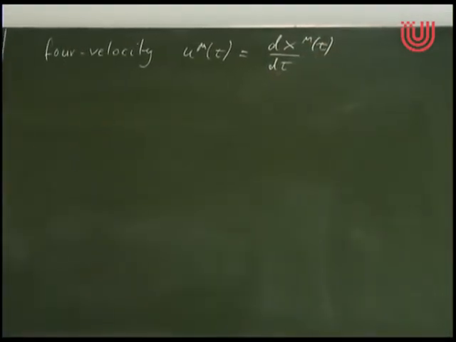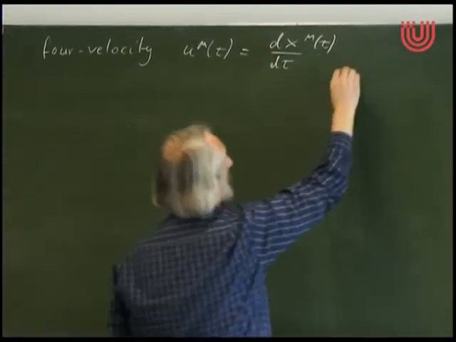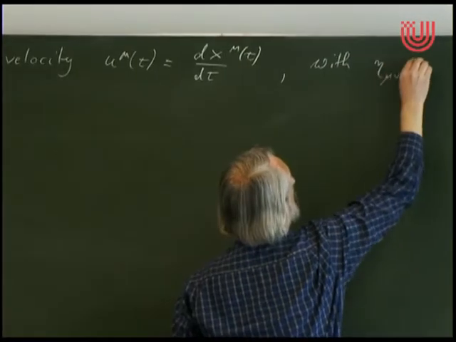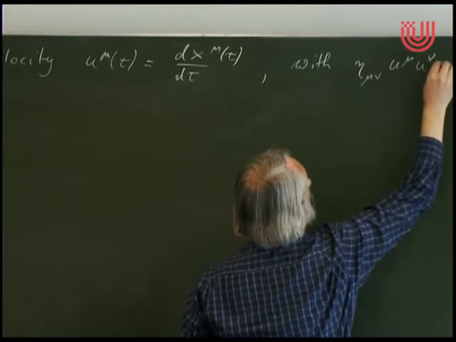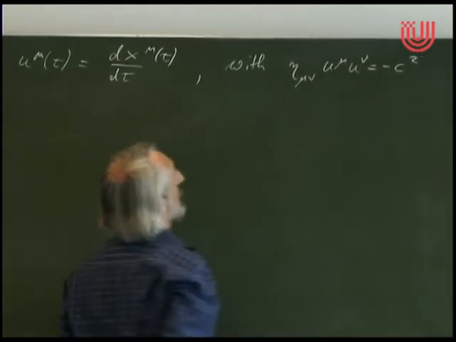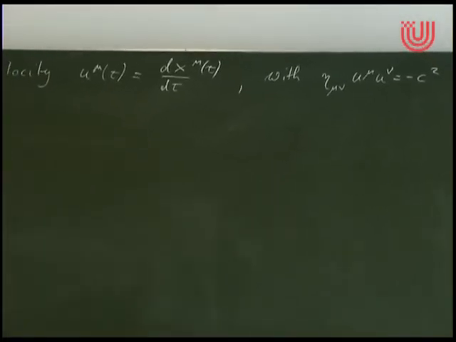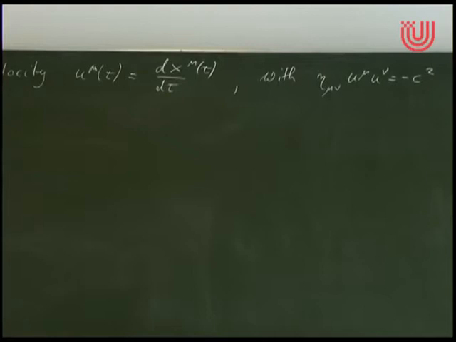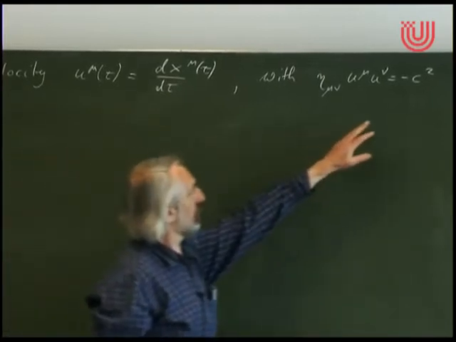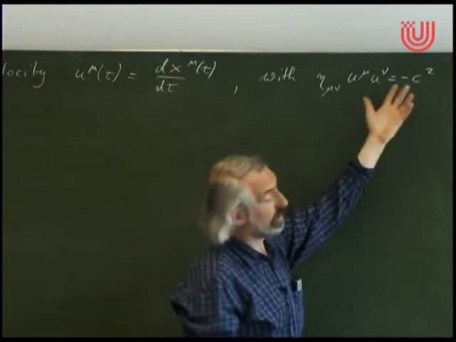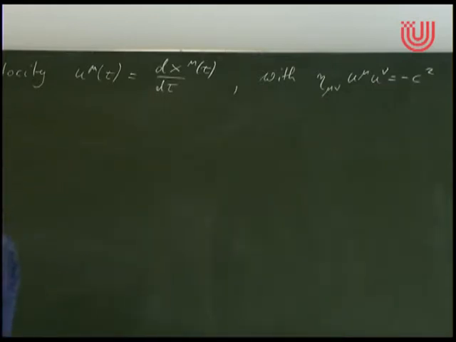And the proper time parameterization was fixed by the condition that eta mu nu u mu u nu should be minus c squared. Must be negative because the u mu is inside the light cone, and we fix the length of this vector by requiring this to be minus c squared. Here obviously this is a velocity, so here I have the square of a velocity, and the natural choice as a unit for the velocity is the velocity of light.